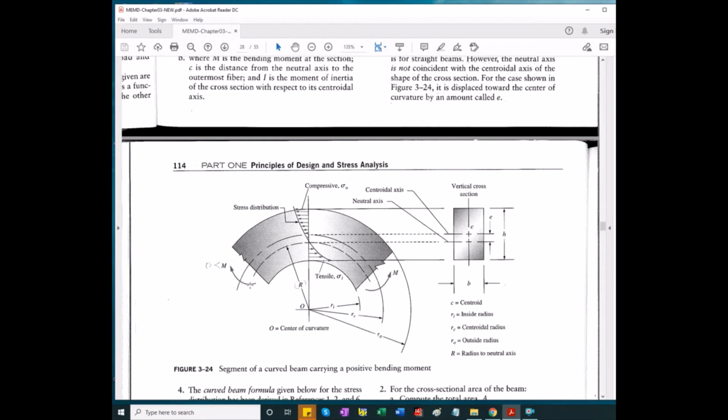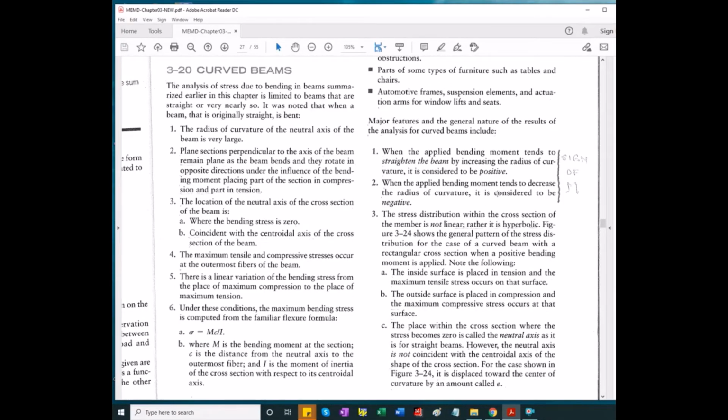We have moments that here tend to straighten the beam. So there is a sign convention. If the moment tends to straighten, so make the beam straight, or reduce its amount of bending, that is, increase the radius of curvature, then this is considered positive. And when the moment applied wants to further bend the beam, that is, decrease the radius of curvature, it is considered to be negative.